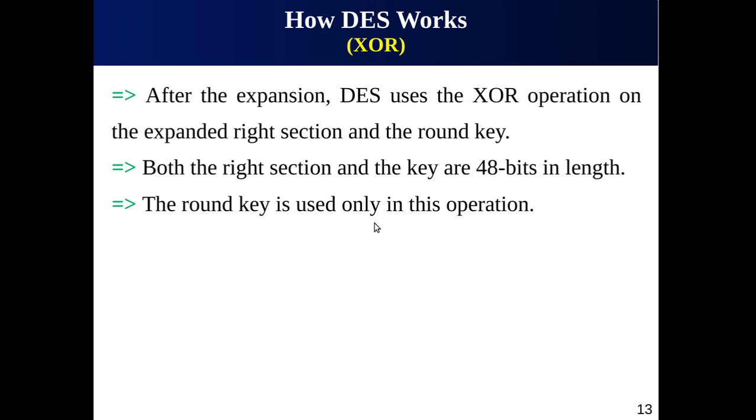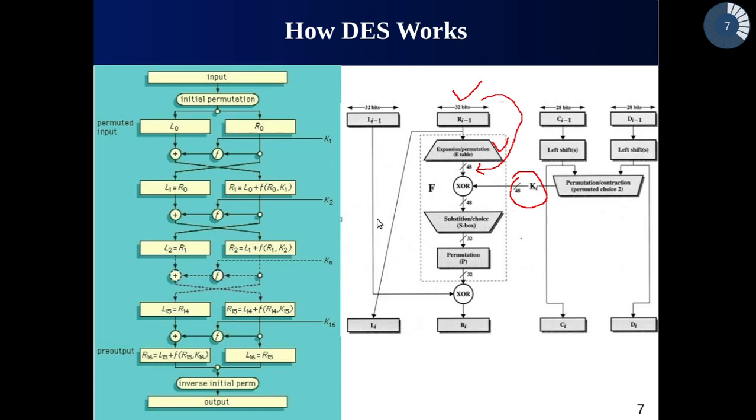After the expansion permutation, we use the exclusive OR operation on the expanded right side. Remember, the exclusive OR operation is performed here on the right-hand side, and the round key is also taken as an input.